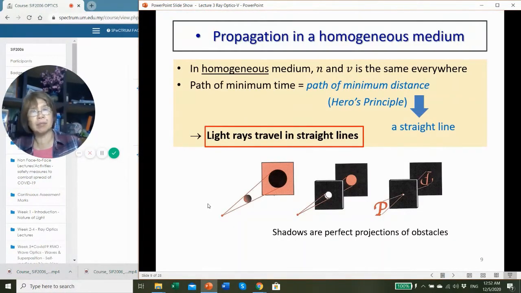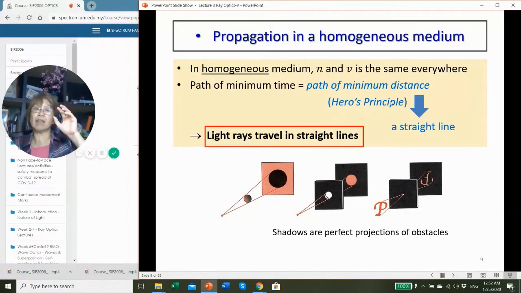Now let's look at propagation in a homogeneous medium. If it's homogeneous, then the refractive index and the speed will be the same everywhere. Which means that a path that takes the shortest time would be the path that is the shortest. In other words, we have the special case of Fermat's principle, which is called Hero's principle.